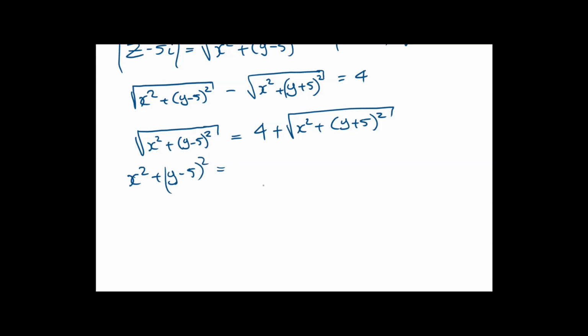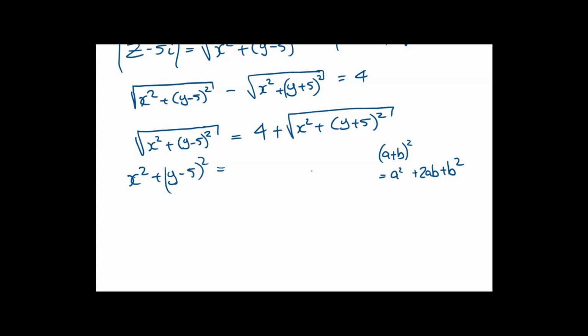Now, remember when we square two things, a plus b squared, we get a squared plus 2ab plus b squared.